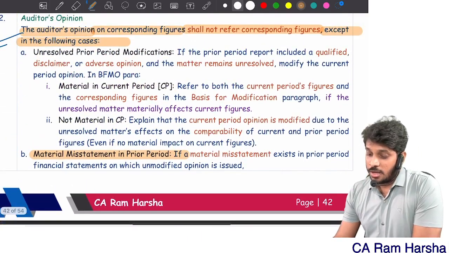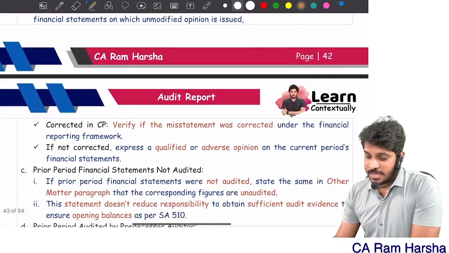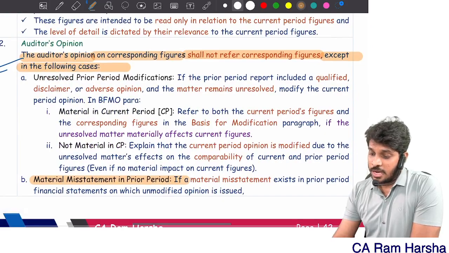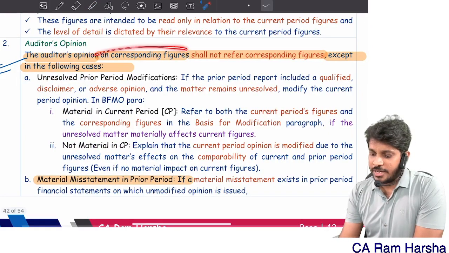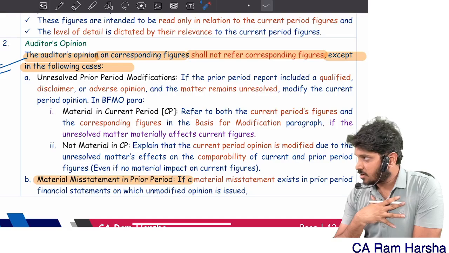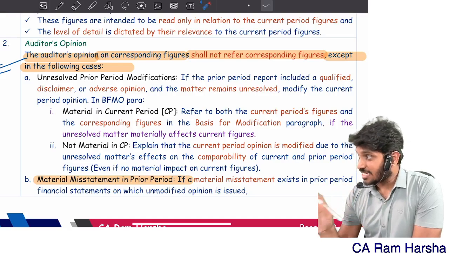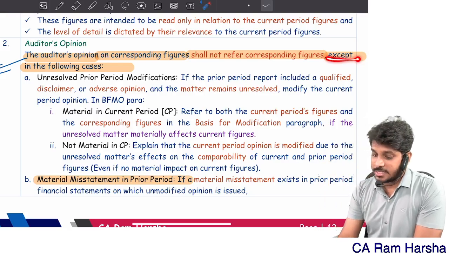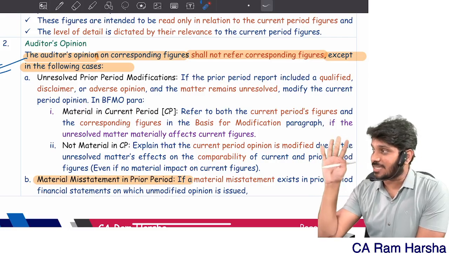Now, see, by the way, from the beginning I will once again cover this. Totally 4 circumstances. Generally, if it is the corresponding figures approach, the auditor's report generally does not talk anything about corresponding figures, except in the following 4 circumstances.